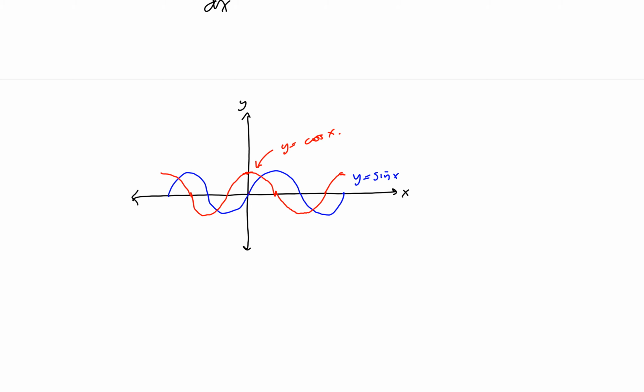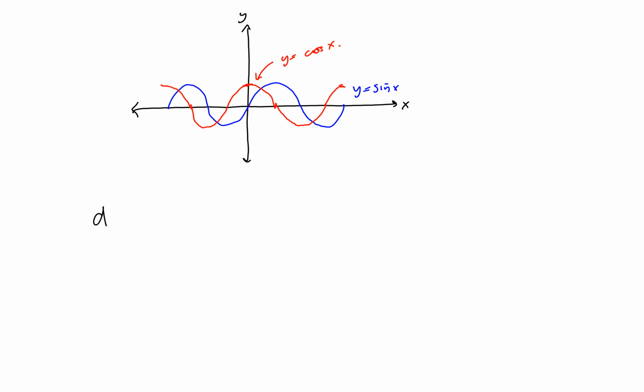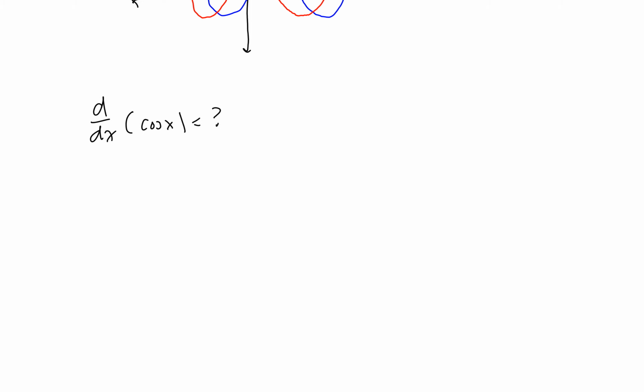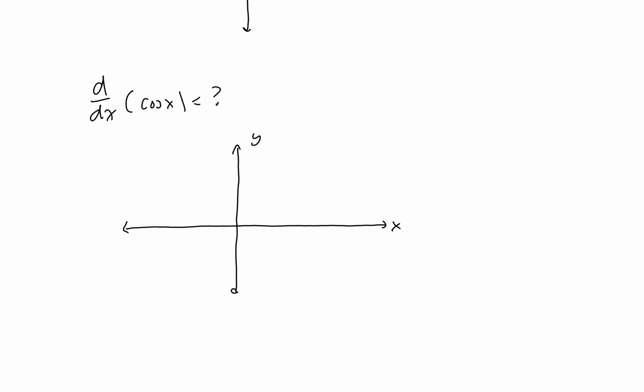And now, if we were to do this with cosine x, not going through the whole same calculation, let's graph cosine x and see if we can get an idea of what the derivative might be. So this is my y equals cosine x. Here the derivative is 0. But now the tangent lines are negative here, so we're going down.